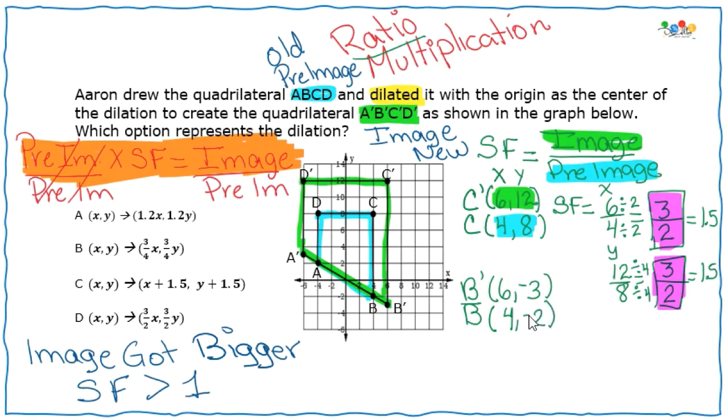So we're going to do the same thing. We're going to compare the X and then the Y. So when I compare the X values, I'm going to compare my image, which are the numbers above, right? And I'm going to compare that to my pre-image. And notice how, if I'm comparing the X values, I choose only the X values.